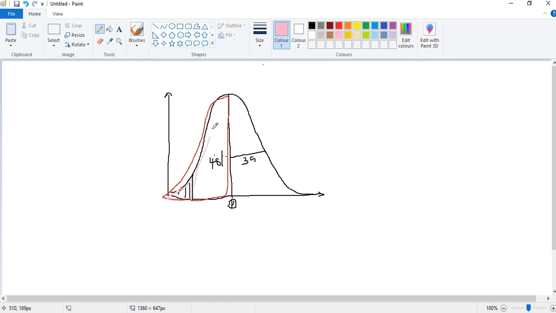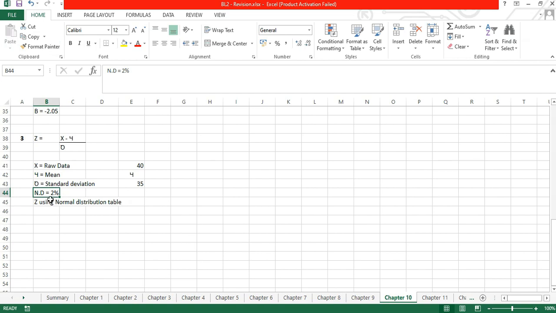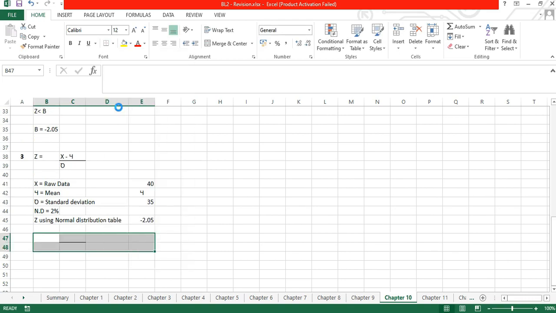Then the balance is 48%. Go to the normal distribution table. Now see where you get 48%. You get it here, 47.98. I told you that you should choose the number that is less than the one you are looking for, which is at 2 and 0.05, which is giving a z value of 2.05. It should be minus 2.05.